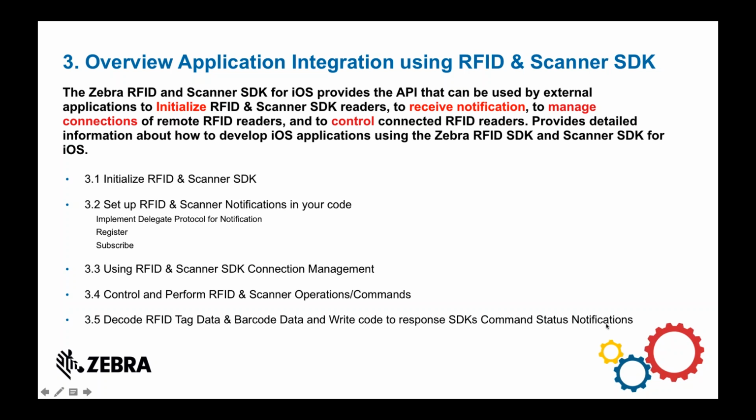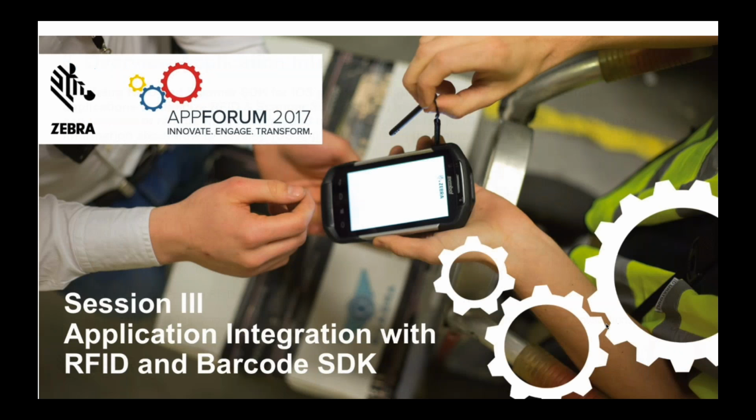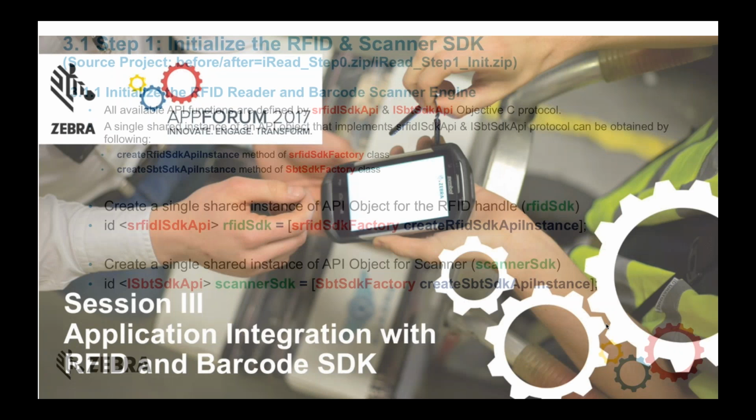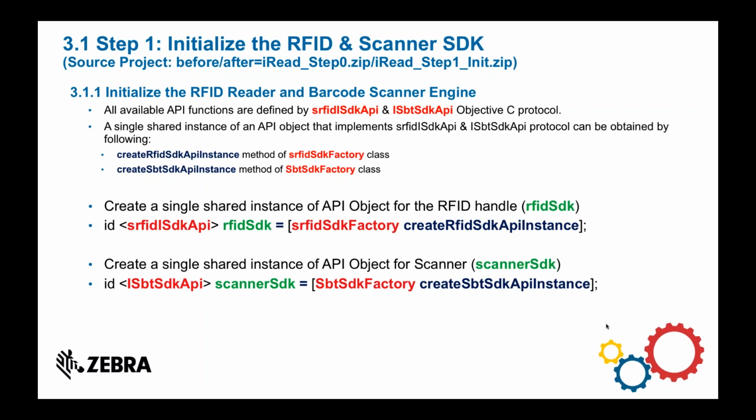Okay, so let's write some code now. In this slide, I will show you how to initialize the RFID and Scanner SDK. First you need to use the RFID SDK API interface protocol to define the unique handle ID.